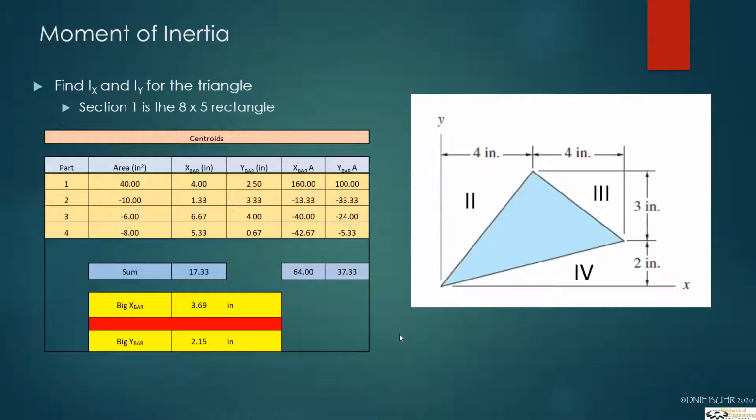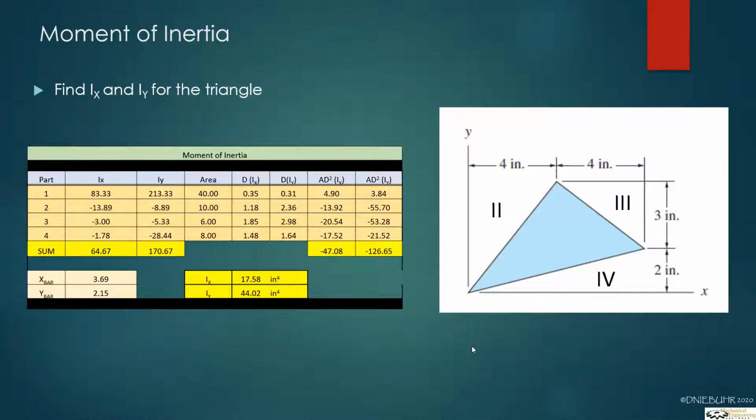Okay, so here we have how I did the moment of inertia for this. And so we have Ix. Now all this here is just the 1/36 BH cubed. So I went through.